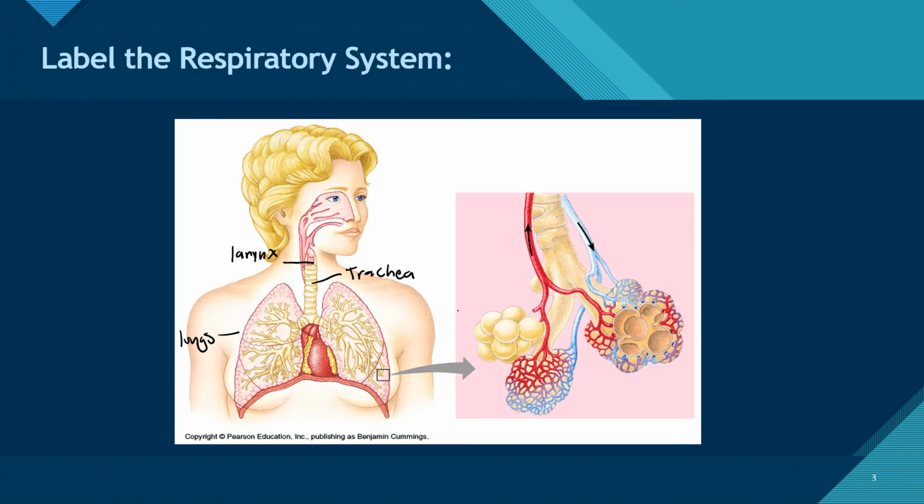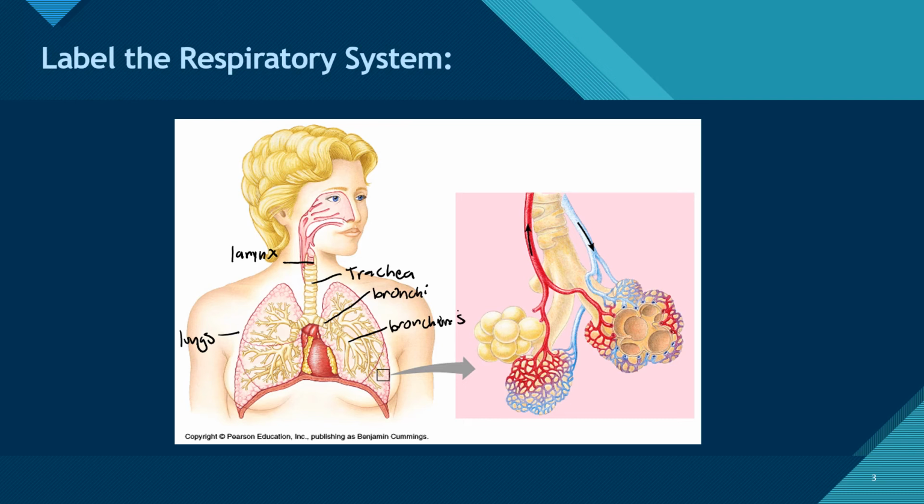And then this part right over here, this line coming out from the trachea, are the bronchi. And then the little branches off the bronchi, you'll see that's essentially this little blown up diagram here. These branches down here are the bronchioles.